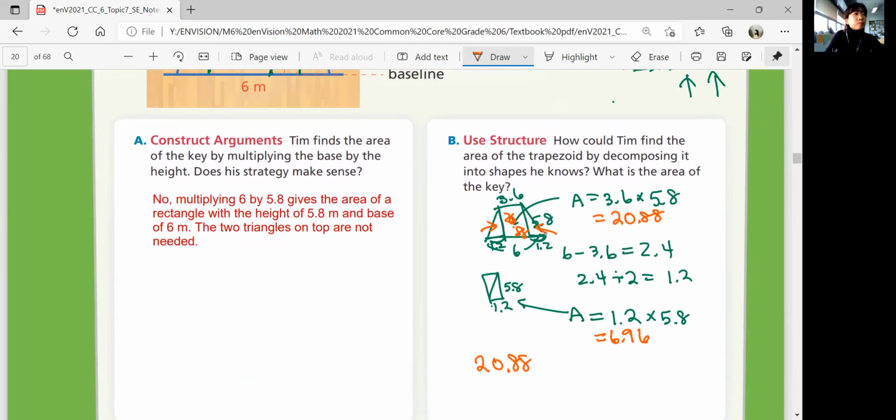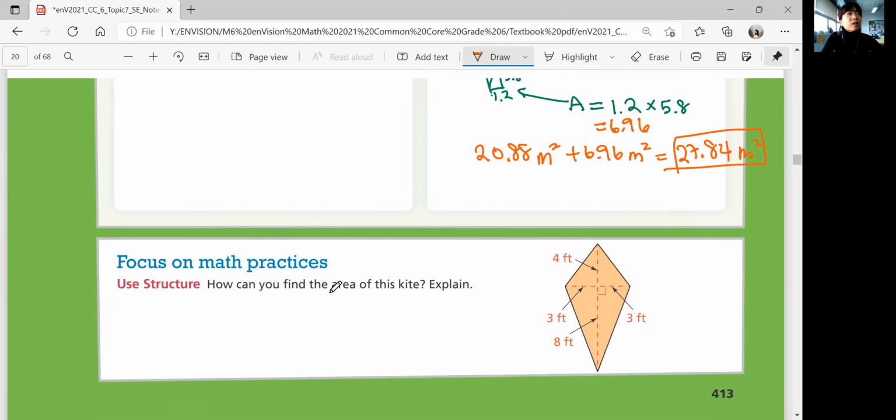Meter square, plus 6.96 meter square is 27.84 meter square. There you go.